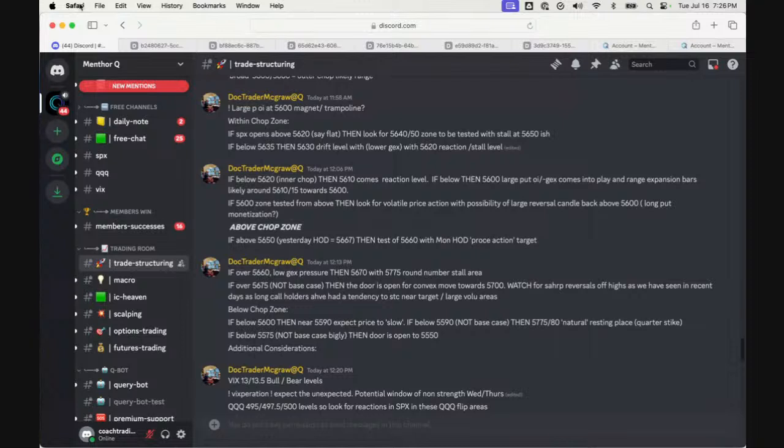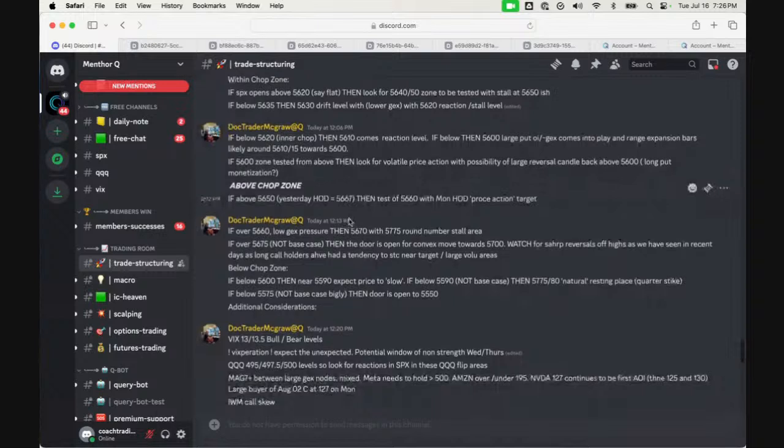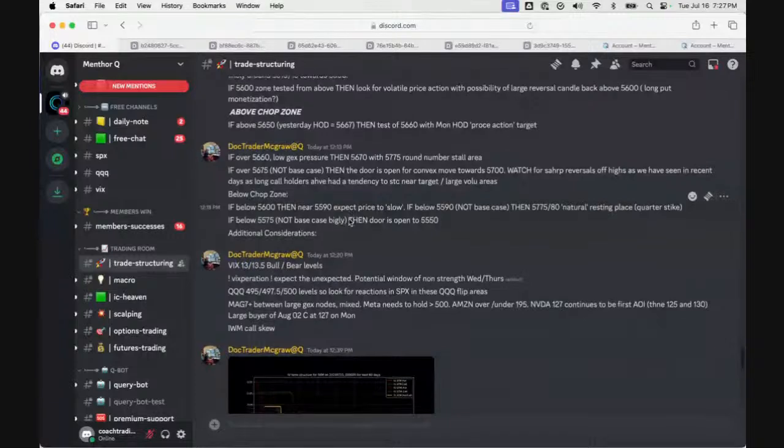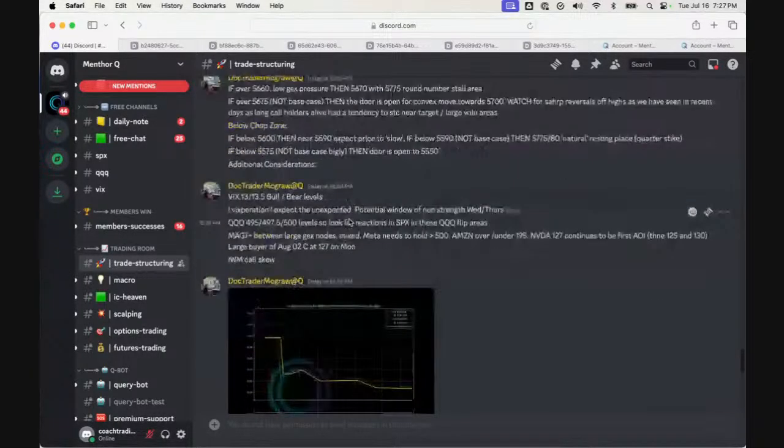At 56, 50, and 60, there was a good chance that there were longs and shorts and debit spreads. And so we expected a convex move if we got over 50 toward that 60, 65 level, and that's indeed what we got.